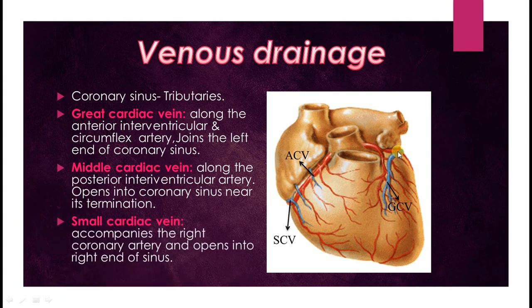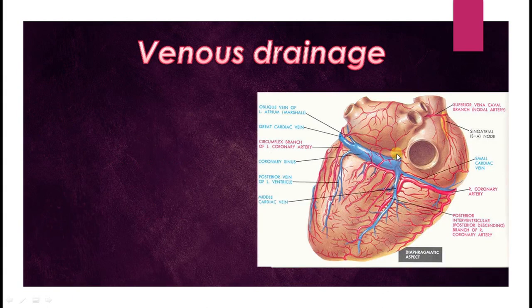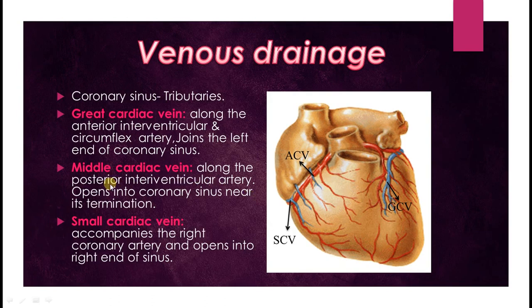Middle cardiac vein is seen along the posterior part, along the posterior interventricular artery, and opens into the coronary sinus near its termination. Small cardiac vein is seen along the trunk of the right coronary artery.